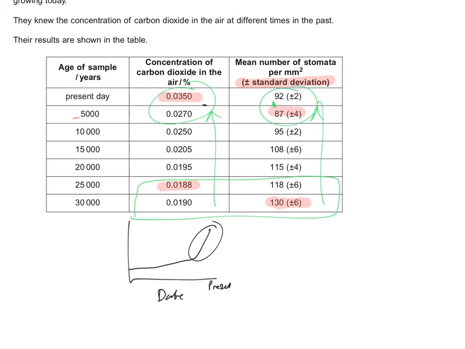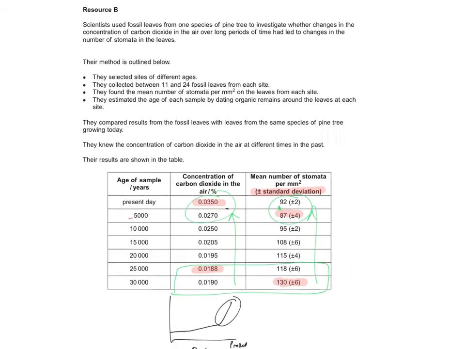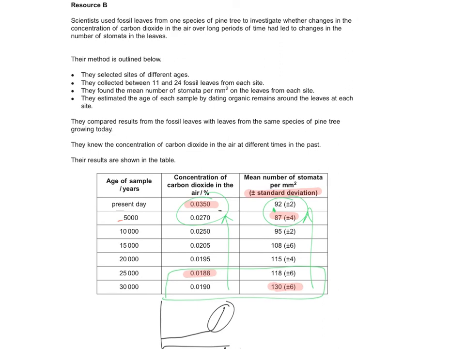What other information did they give us as well? Let's have a look. So they collected between 11 and 24 leaves. That's not a lot, lack of data. We're just on one species here, aren't we? Yeah, we're on pine tree. And let's look at the standard deviation as well.